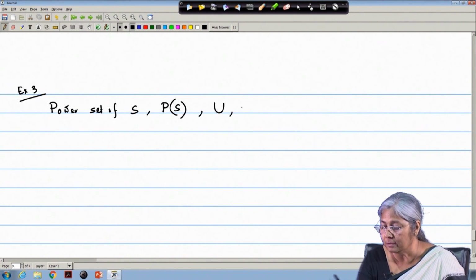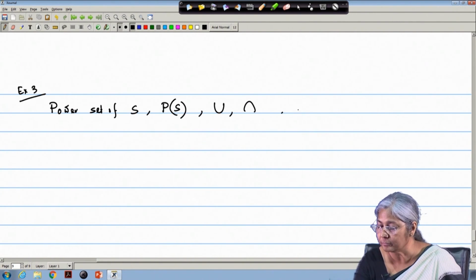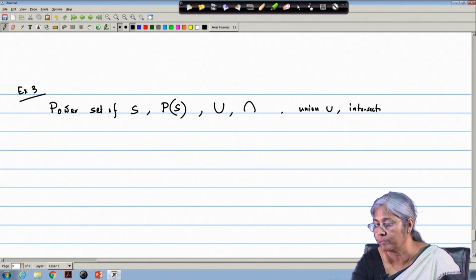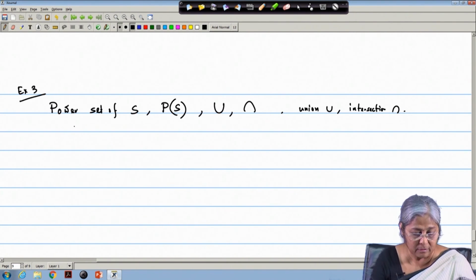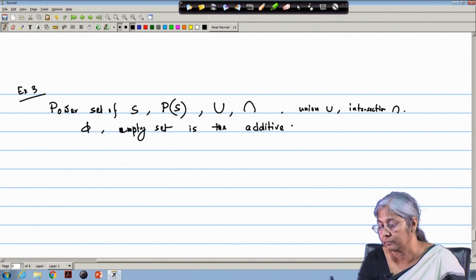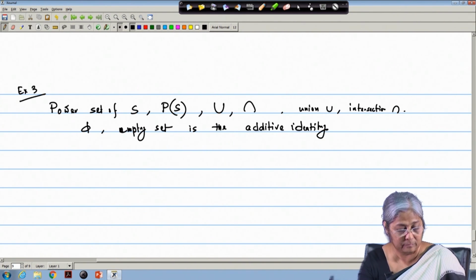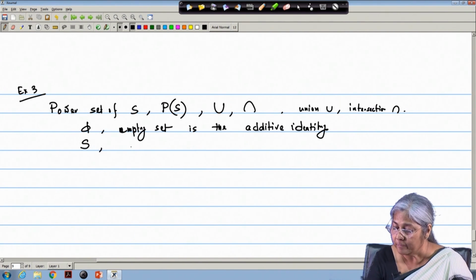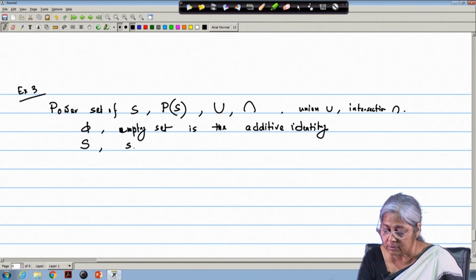Then phi, the null or empty set, is the additive identity, and the set S itself is the multiplicative identity.